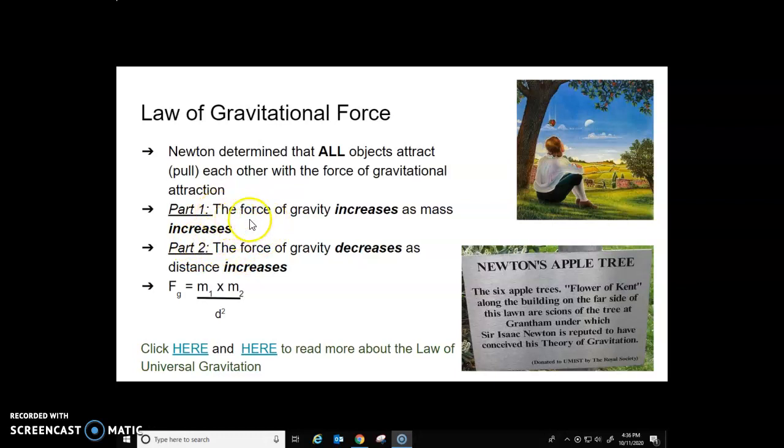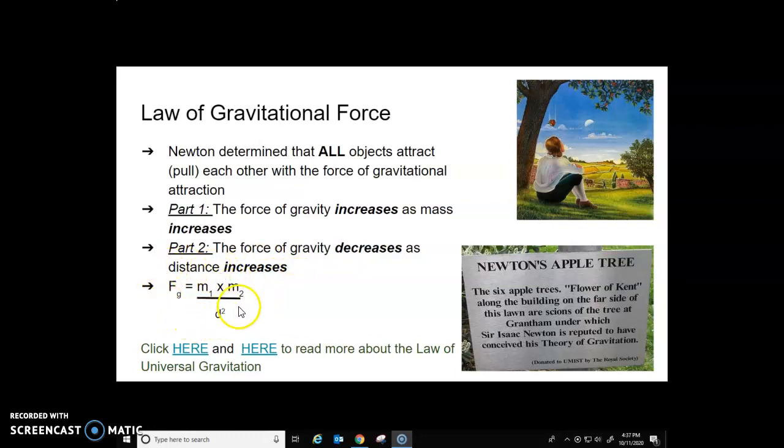The first is that the force of gravity will increase as mass increases. So the greater the mass of the object, the stronger it will pull. And part two, the force of gravity decreases as the distance between two objects increases. So the farther away something is from you, the less it is pulling on you.